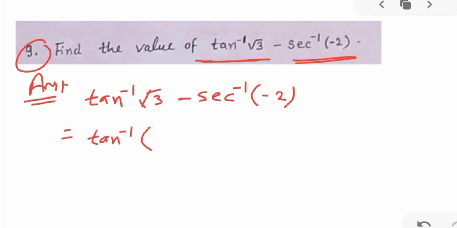Root 3 is the value of tan pi upon 3, tan 60 degree, correct? So instead of root 3 I will write tan pi upon 3. And minus sec inverse, what is the value of minus 2?